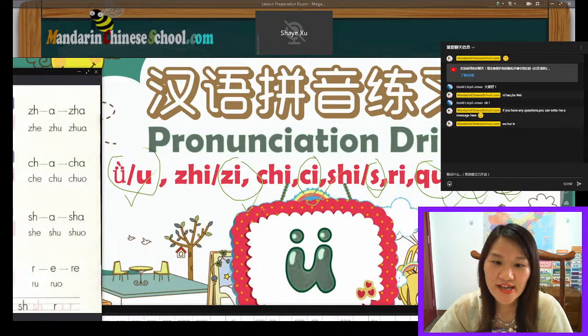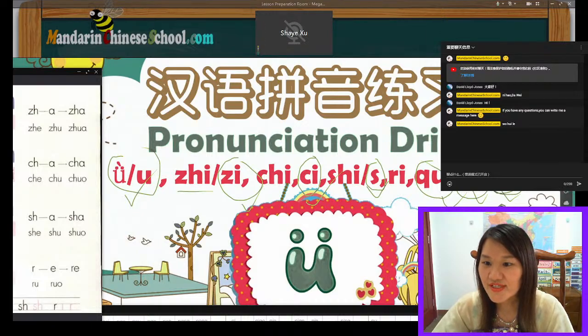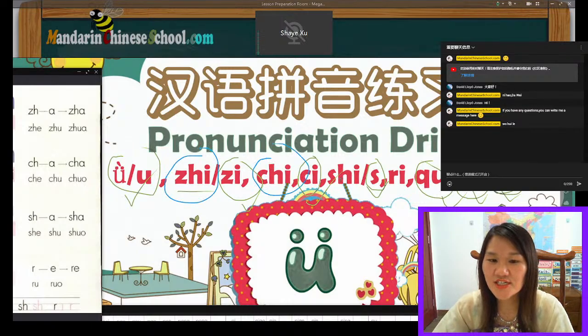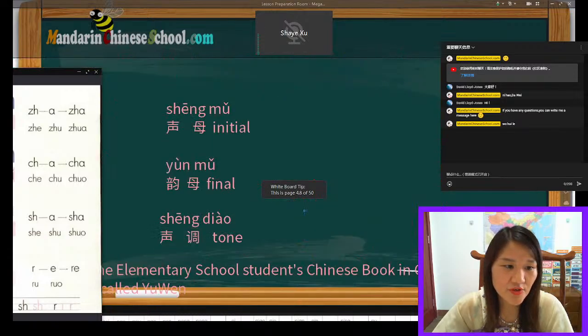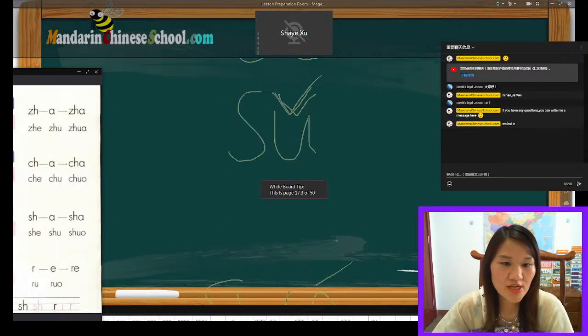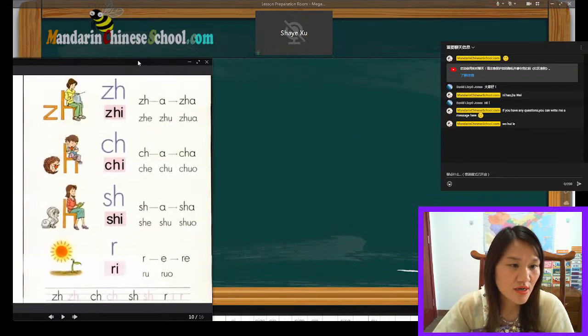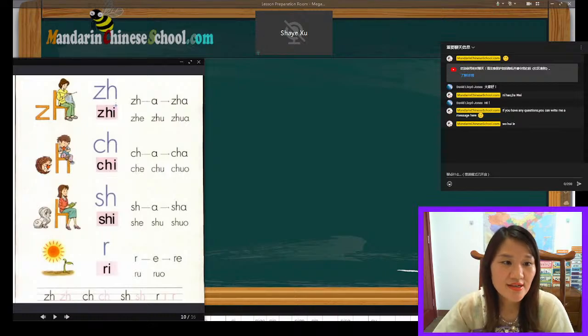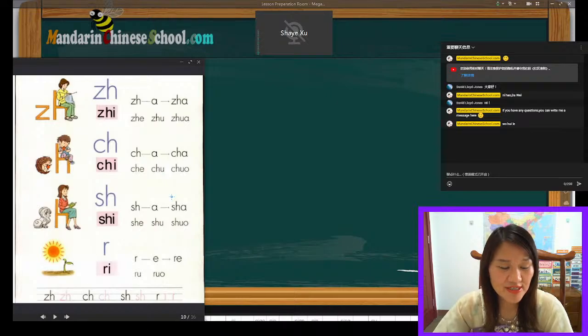OK，还有知、吃、诗，现在我们开始讲这三个知、吃和诗的发音，好吗？好，这个音其实不难，actually it's not that hard. 你只需要 you just need to curl up your tongue. So when you pronounce the zh, curl up your tongue, roll up your tongue.